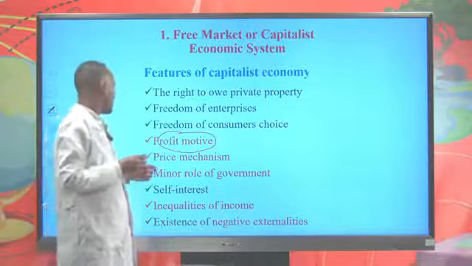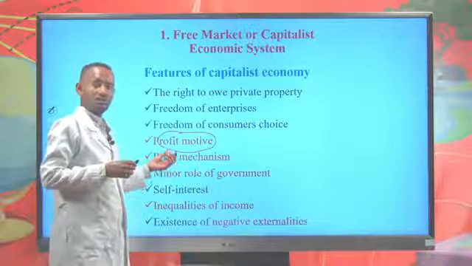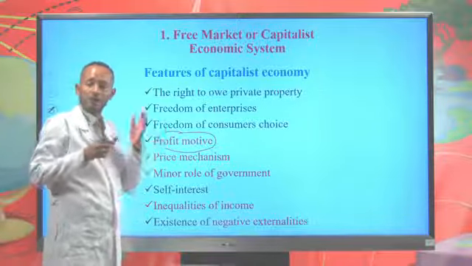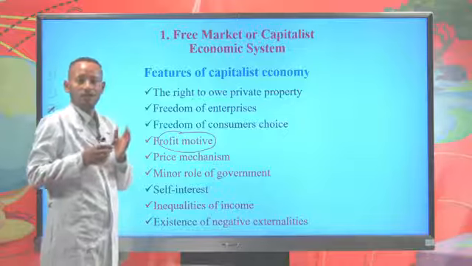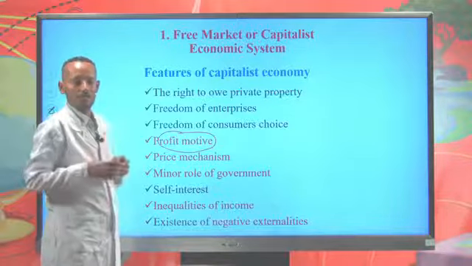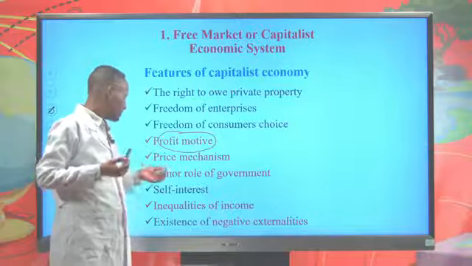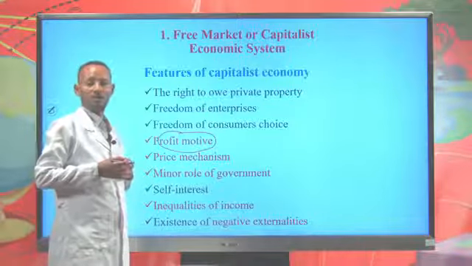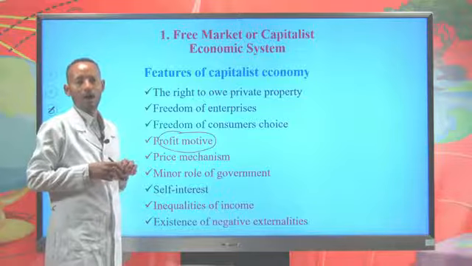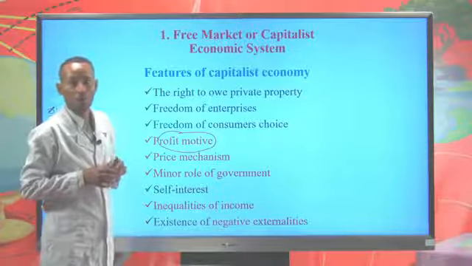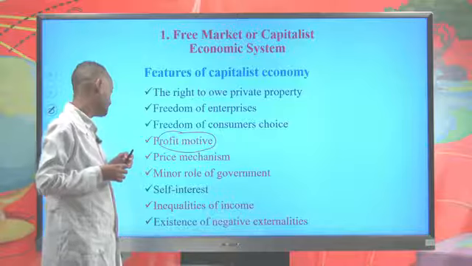The other feature is the price mechanism. Price is used to allocate resources. It is used to determine the demand and supply of a commodity. The other feature of the capitalist economic system is a minor role of government, or government intervention is minimum under the market economy or the capitalist economic system.